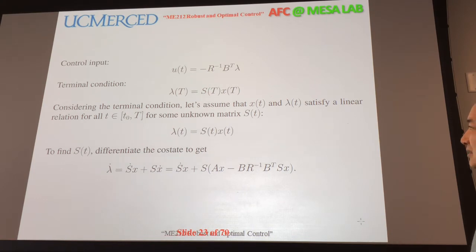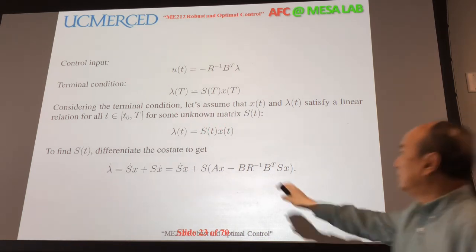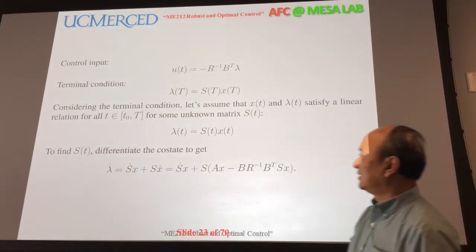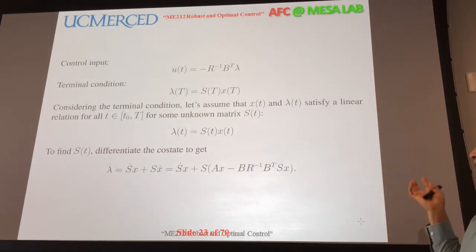It's different. Okay. So then we basically say, oh, assume this is like a time varying gain in here. So remember, lambda in this one is like a state feedback with time varying gain. If you insert it into there, you get something like that. But how to find out this time varying gain? You take lambda dot.